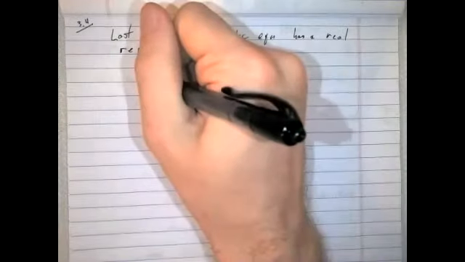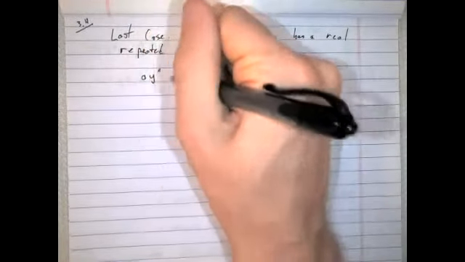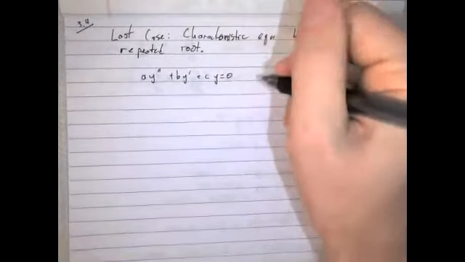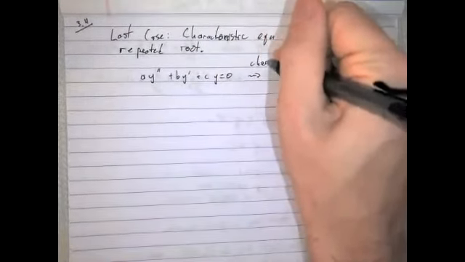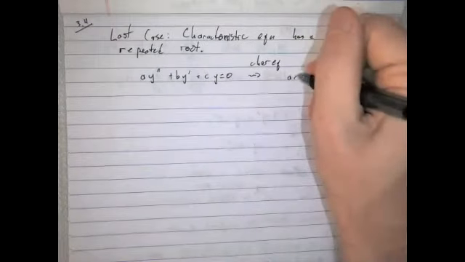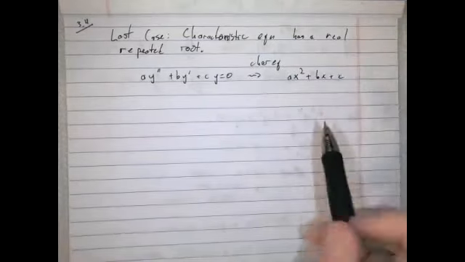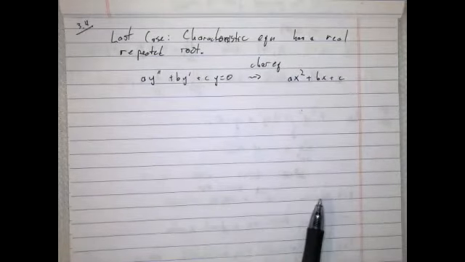If I have something like a y double prime plus b y prime plus c y equals 0 with characteristic equation a x squared plus b x plus c, what is the condition on a, b, and c so that I have a real repeated root? b squared minus 4ac is 0.